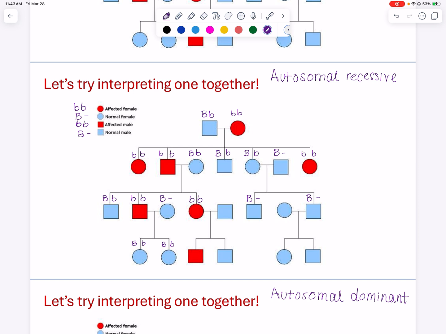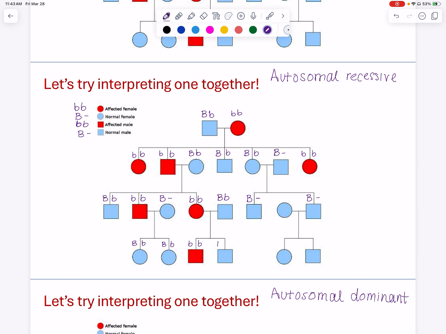Over here, we have an instance where we have an affected female and a non-affected male, and we see that one of their kids has the trait, which means that we know this male has got to be heterozygous because they have to be able to have an offspring that is little b, little b.